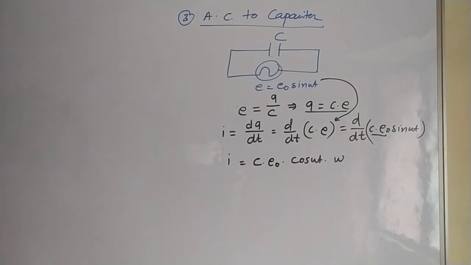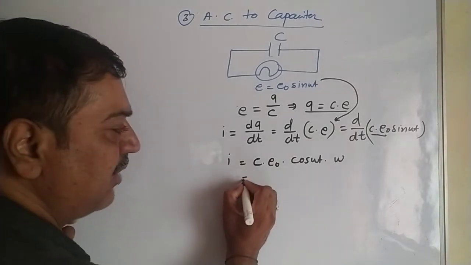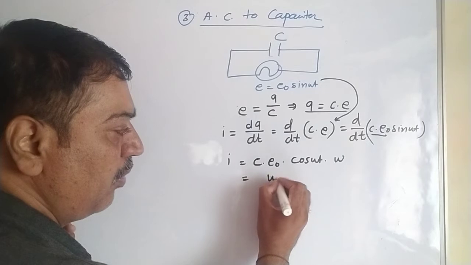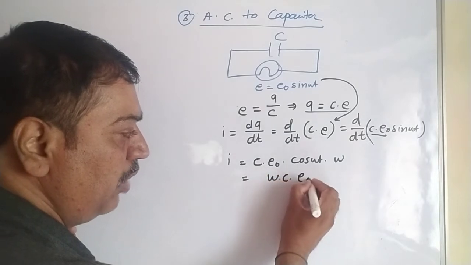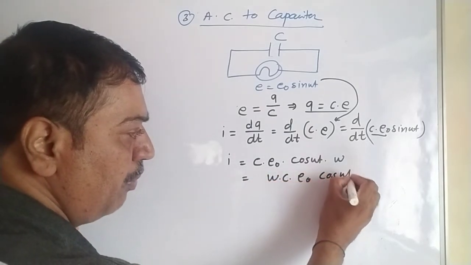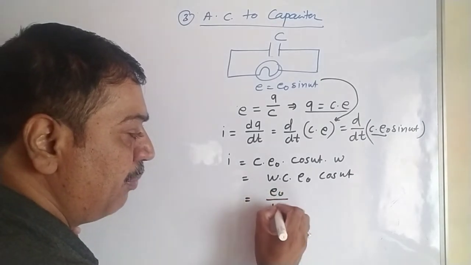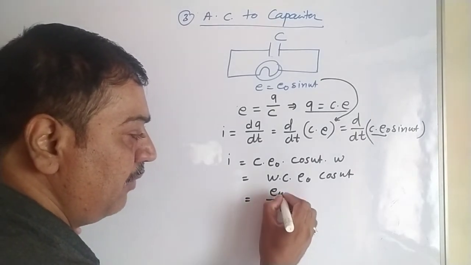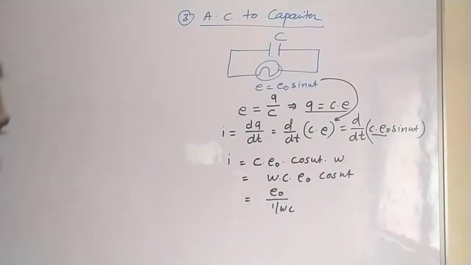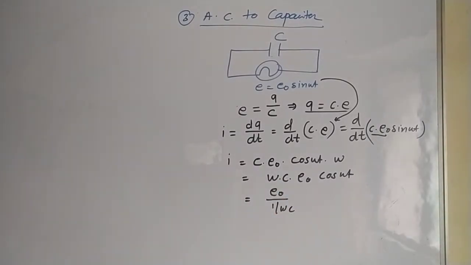Another way we can write this, first we can take omega into C into E0 cos of omega t. Same thing can be written as E0 divided by 1 by omega C, so this goes to the numerator, into cos omega t. Cos omega t is what? Sin of omega t plus pi by 2, that is the trigonometric formula.